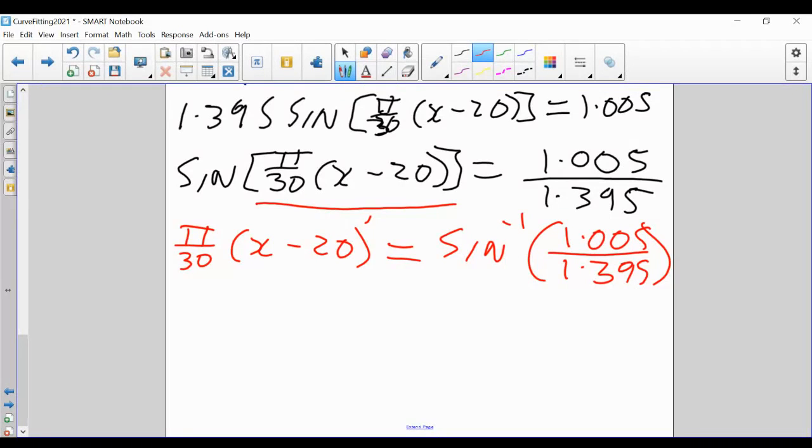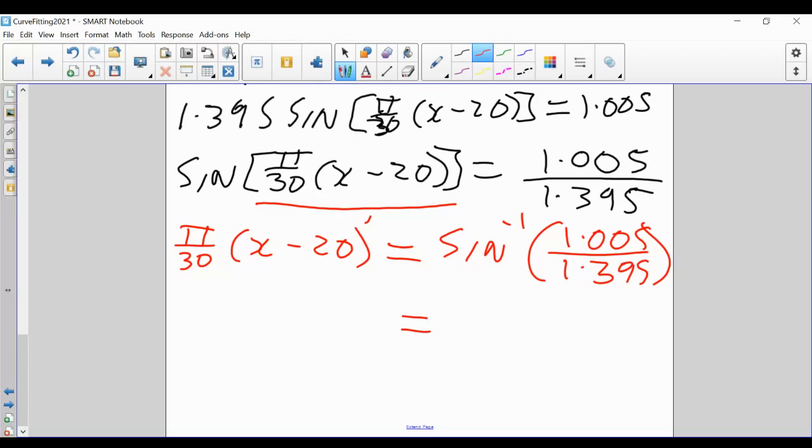And what I need one of you to help me out with now, let me go to my list here. Hunayin, can I ask you to tell me what sine to the minus 1 of 1.005 over 1.395 works out to be, please? What is that equal to?